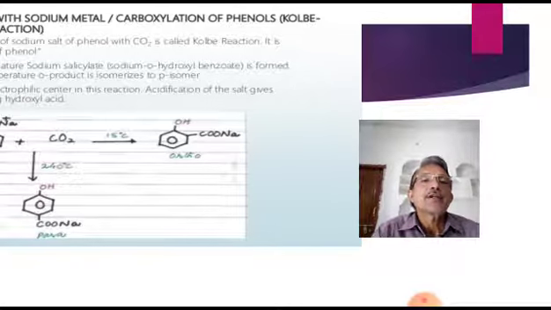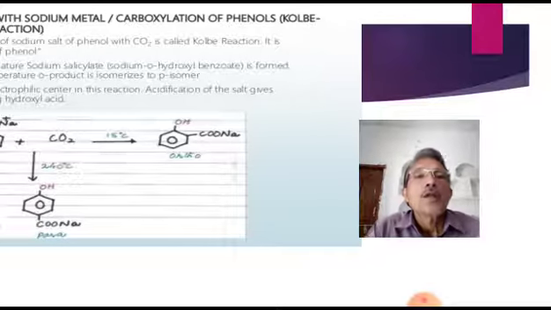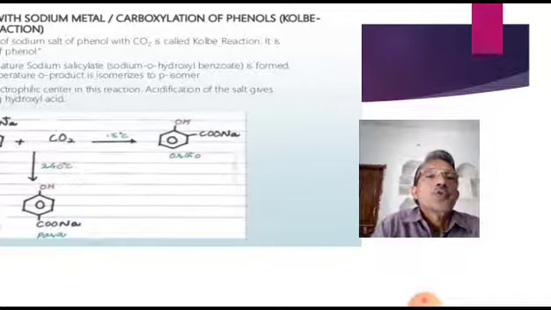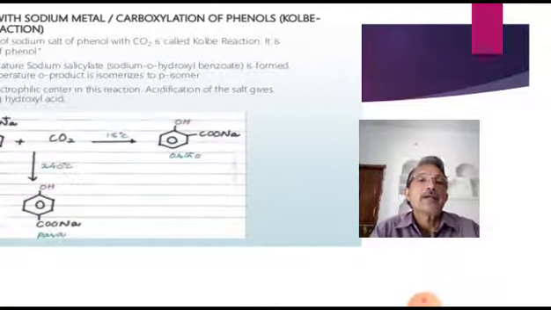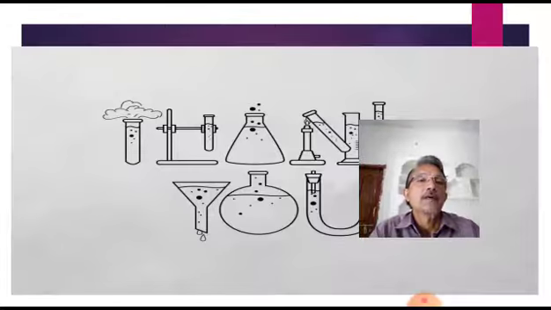It means since OH in phenol is ortho-para directing, we get ortho product as well as para product. Sodium orthohydroxybenzoate and sodium para-hydroxybenzoate are the two products which occur on treating sodium salt of phenol with carbon dioxide. This reaction is called Kolbe reaction.